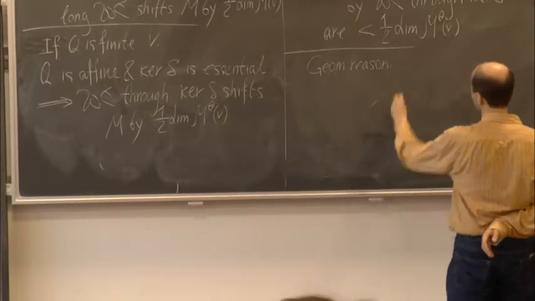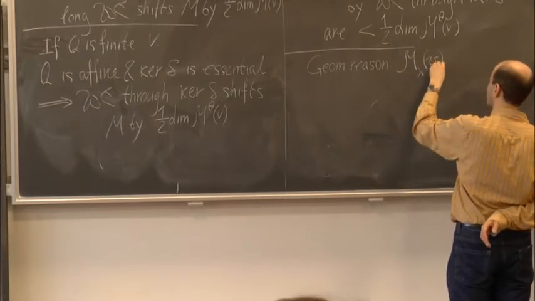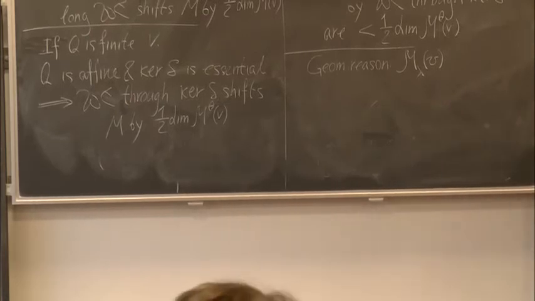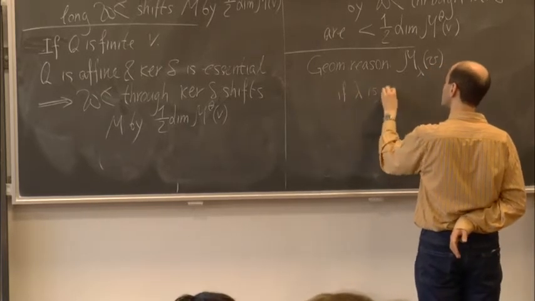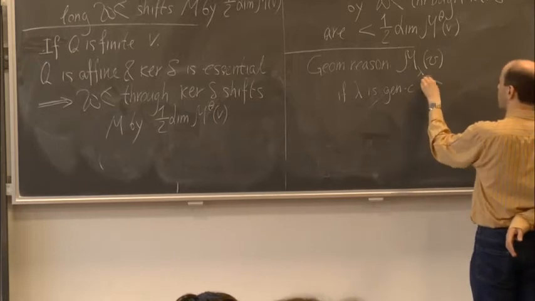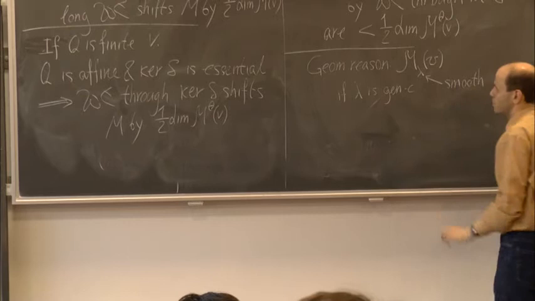So I want to consider the classical Q variety M lambda V. And of course, if lambda is generic, then this guy is smooth, well, and affine. Okay?